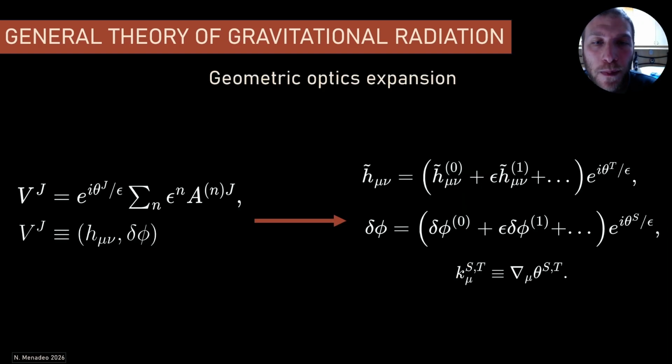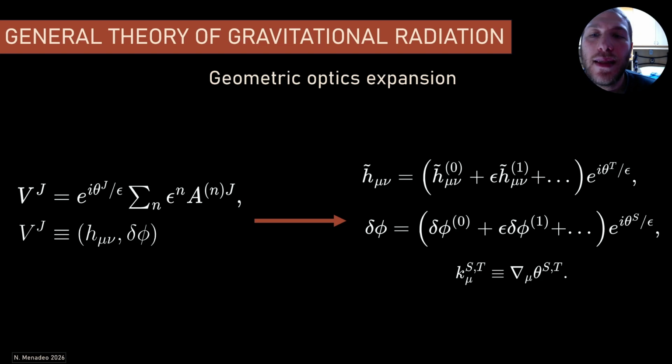To solve this equation, we use the geometric optics expansion, also known as the shortwave expansion. We separate the oscillating phase from the amplitude and expand around a small parameter epsilon, which measures the ratio between the gravitational wave wavelength and the typical background scale.